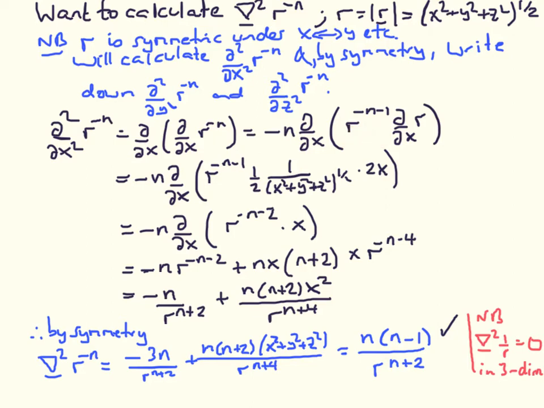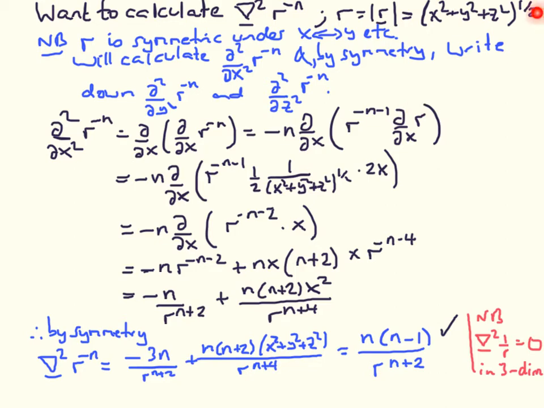And then, using the chain rule, we multiply by the derivative with respect to x of r. And we know what r is here, so we just rewrite this line again, minus n, derivative with respect to x, r to the minus n minus 1, and then we multiply by this.